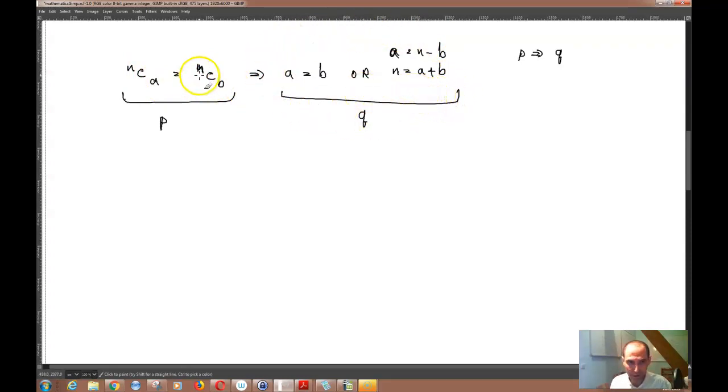And what that means is that this statement is true, that means that either A is equal to B or A plus B is equal to n, or both of these statements are true. And of course I'm saying either this or that or both of them because I'm using or here. So that's the right way to understand these conditional statements.